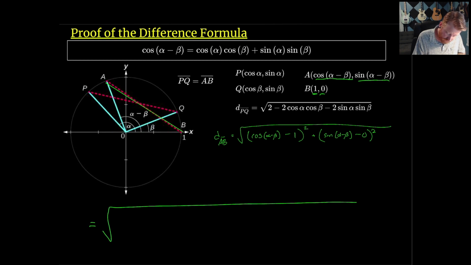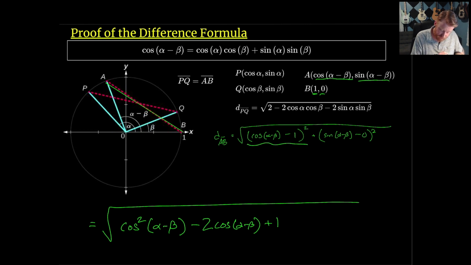So we're going to get the square root of cosine squared alpha minus beta minus 2 cosine alpha minus beta. And then we're going to get plus 1 at the end. That was multiplying out the left-hand side, just distributing there, writing them next to each other, FOIL it out.